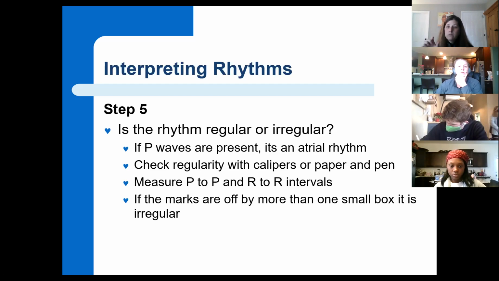Not the big box, the small box or the small square, okay? If it is off by more than one small box, it is irregular. Because we know one small box or one small square is 0.04 seconds. That's pretty significant when you're talking about your heart. Now it might be a half, but we're talking about more than one, okay?